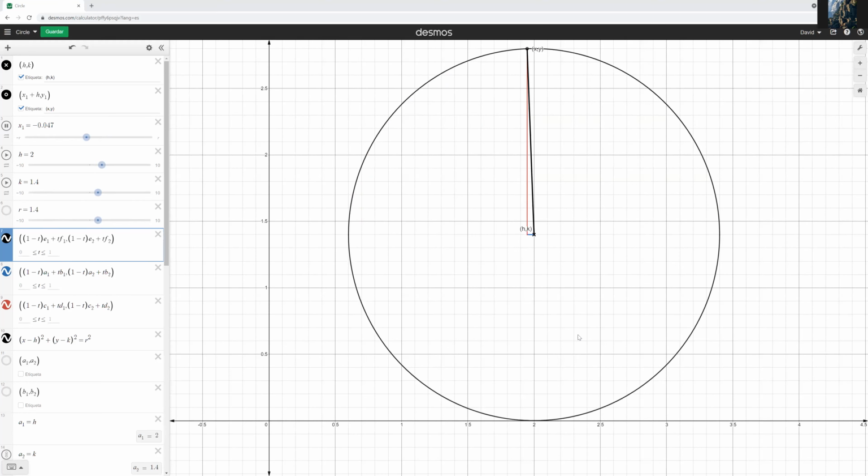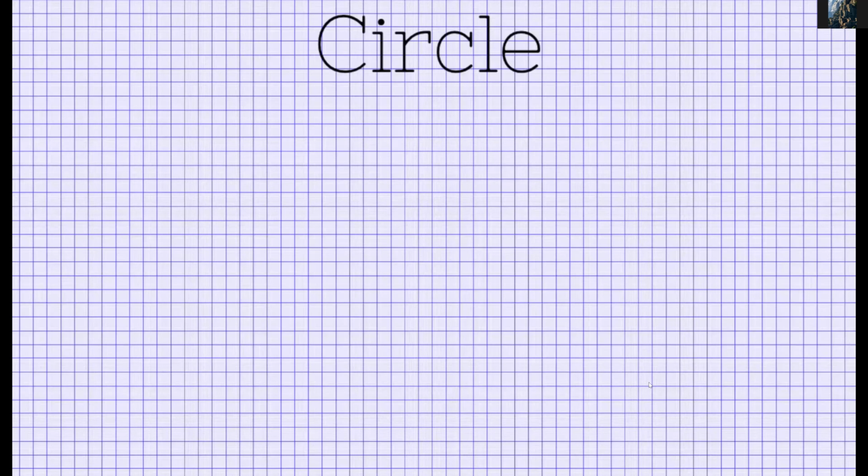Let's go back here and let's see. The Pythagorean theorem states that in a right triangle, if you square one of the sides and you add it to the other side squared as well, you will end up with the hypotenuse squared.